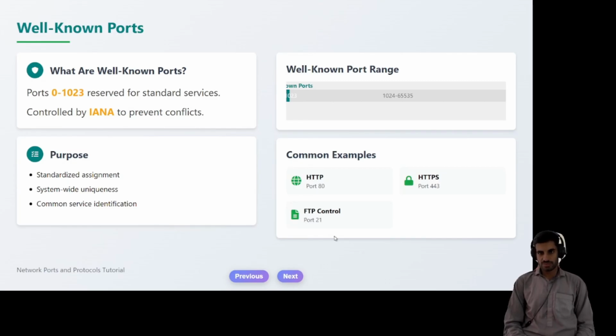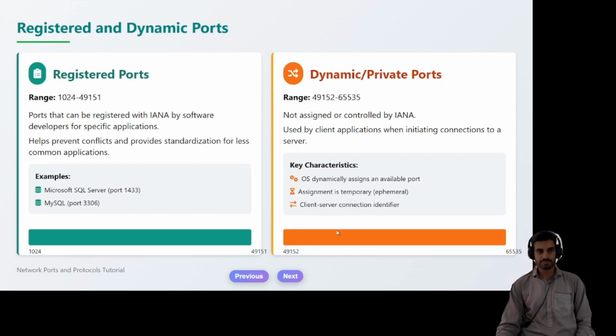So we got these ports. Now let's go to the next page. Here we have registered and dynamic ports. Registered ports range from 1024 to 49,151. These ports can be registered with IANA by software developers for specific applications. It helps prevent conflicts and provides standardization for less common applications.